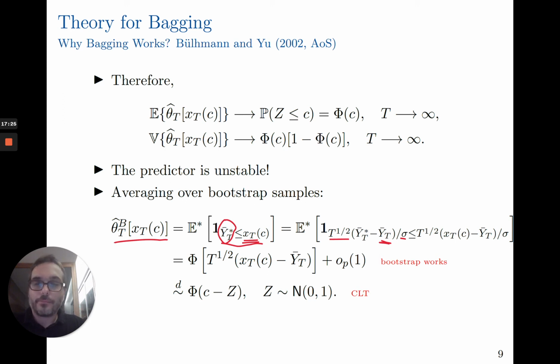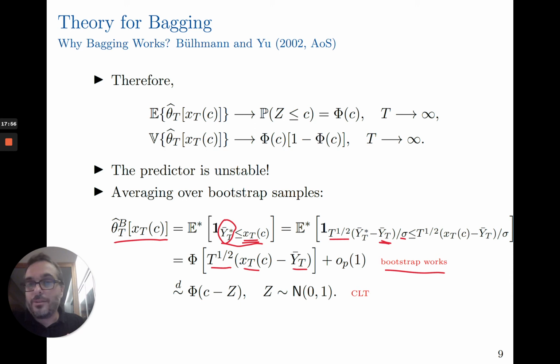So here we have a normal approximation. If the bootstrap works, we can show that this expected value is nothing else than the cumulative distribution of a standard normal variable evaluated at square root t times xt, our threshold value, minus y bar, plus a term that vanishes.